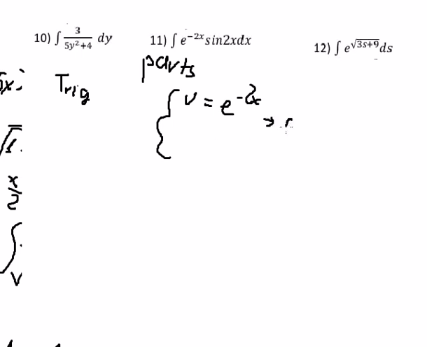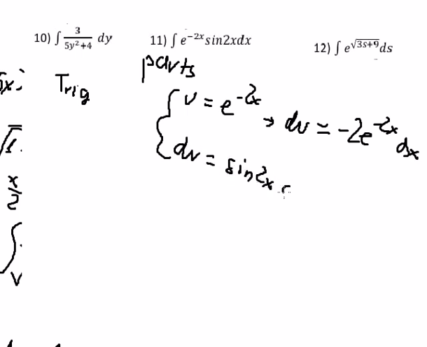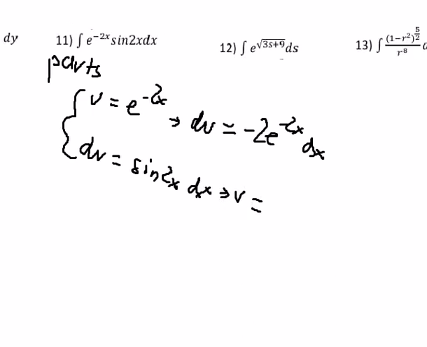So you got du equal to negative 2 e to the power of negative 2s ds. dv, we got sine 2s ds. So we got v equal to negative 1 over 2 cosine 2s.